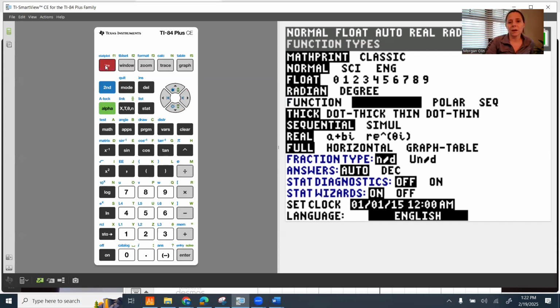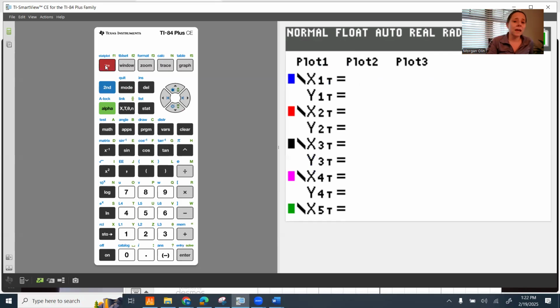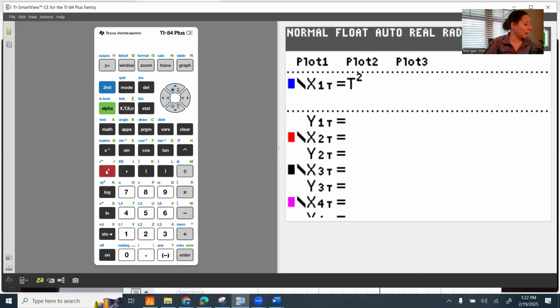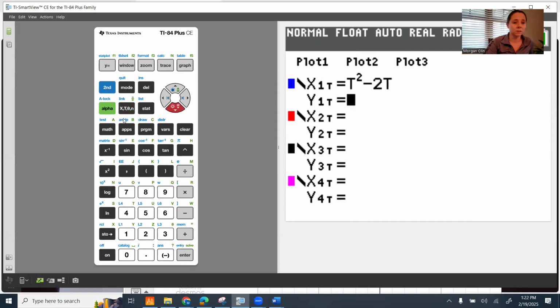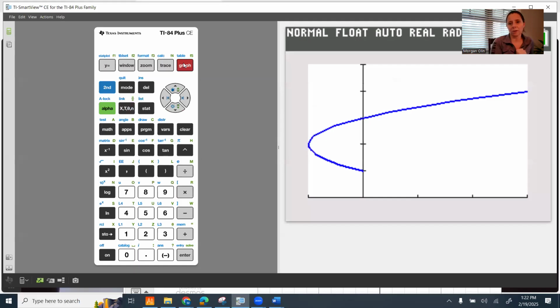And we can say y equals, and you notice an x and a y come up. So here we can do t squared minus 2t, and for the y it was t plus 1, like that. All right, and so when I go and graph it, there we go.